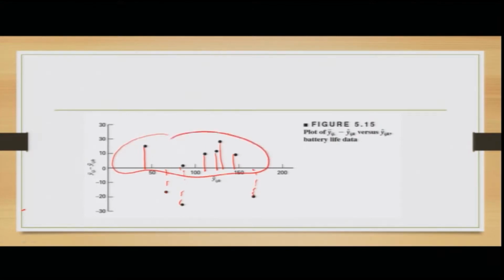You see the trend here: as they move from positive to negative, obviously there is some interrelationship happening. That means an effect of A and B together is there.